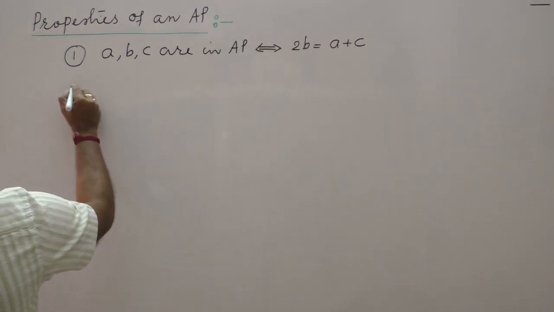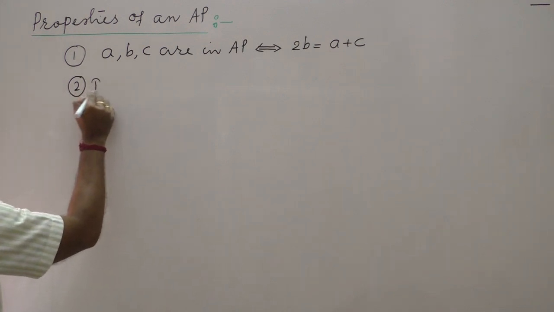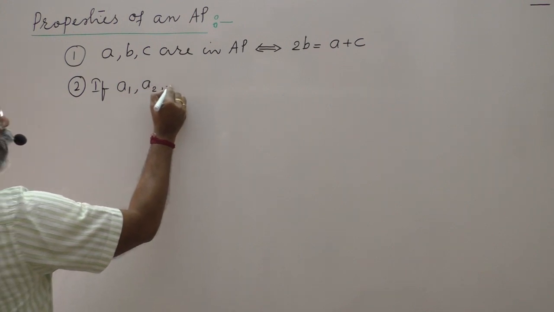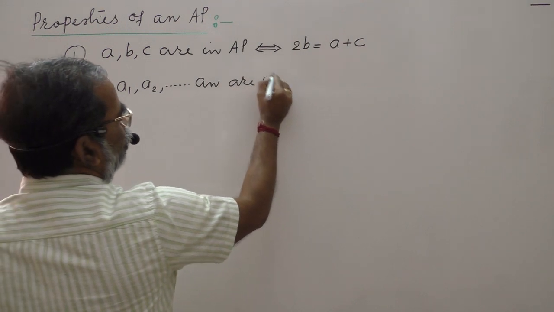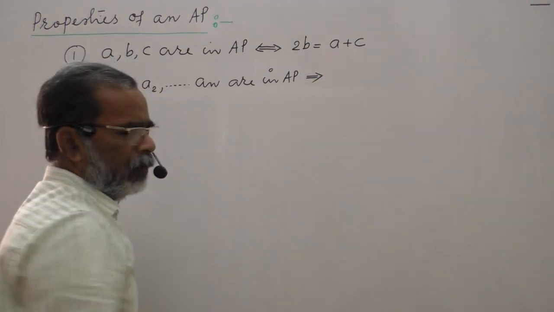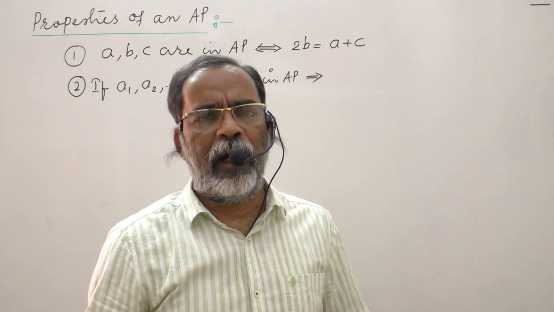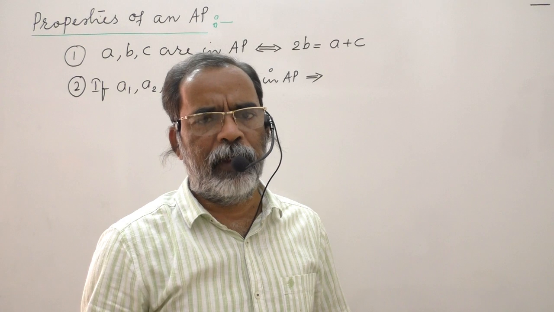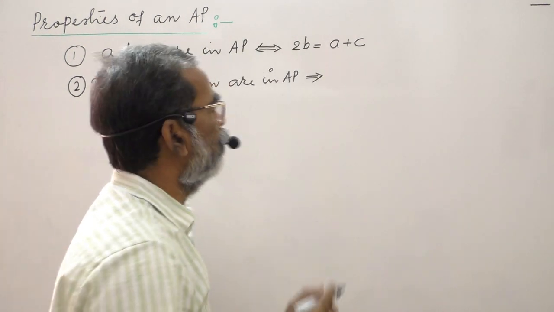Next one, number 2. If A1, A2, A3, ... AN are in AP, and you add or subtract any non-zero number to all the terms of this AP, the resulting series will still be in AP only.